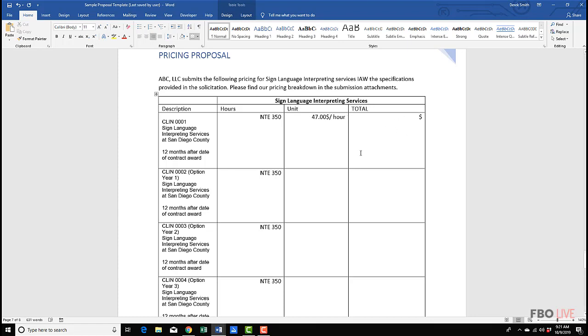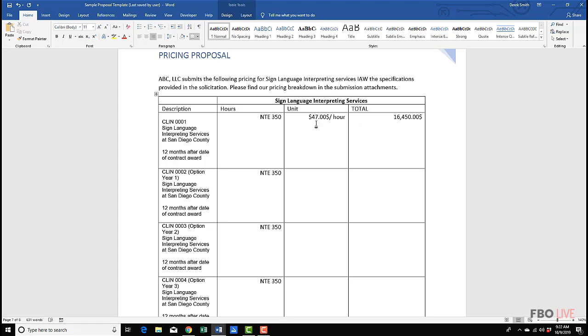So for your not to exceed, let me see here. We'll just do some quick math, pulling out my calculator. $47 times 350, just for round numbers, that would be $16,450 for the, if I could put my dollar signs in the right spot.